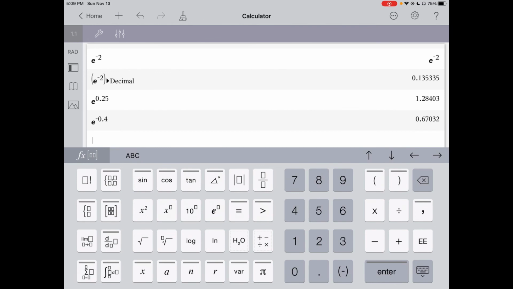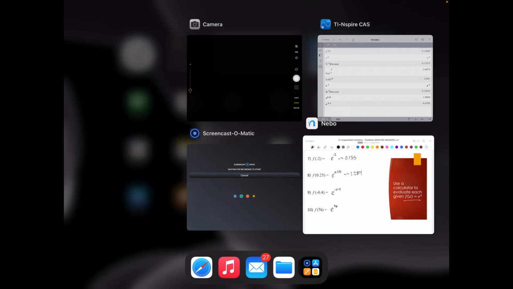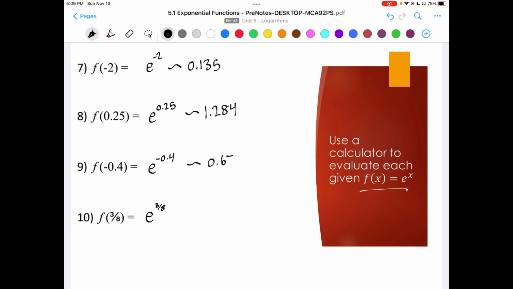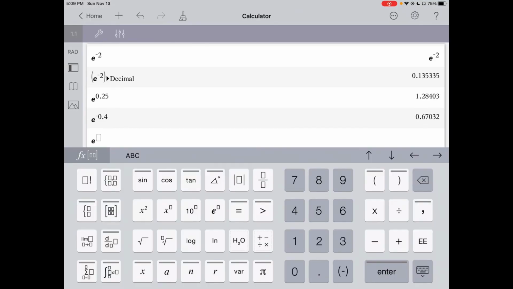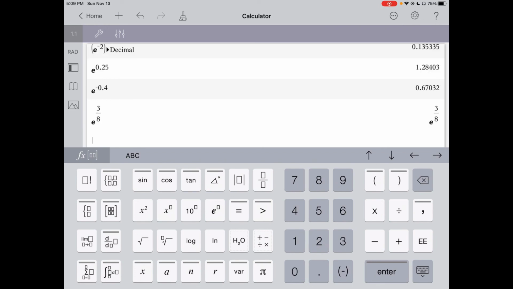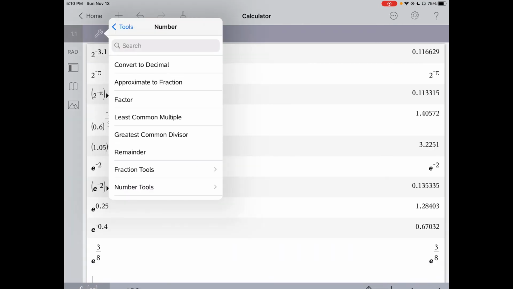And e to the, I'm going to use parentheses here because we're doing a fraction, 3 divided by 8. I want to make sure that whole fraction gets in the exponent. So e to the 3/8. And this one looks like I'm going to have to convert it to a decimal. And I get 1.455, approximately 1.455.